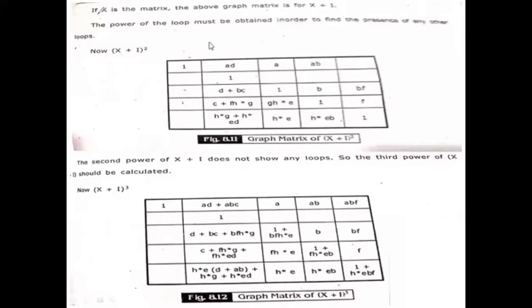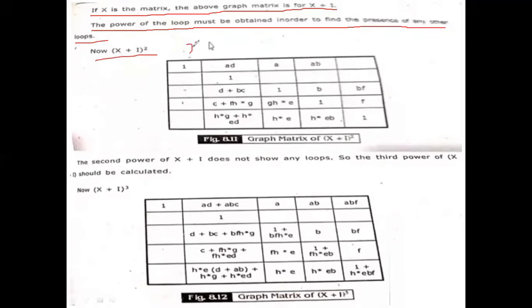If X is the matrix, the above graph matrix is for X plus I. That means the power of the matrix must be obtained in order to find the presence of any other loops. So now, X plus I whole square. That is the graph matrix for X plus I whole square.